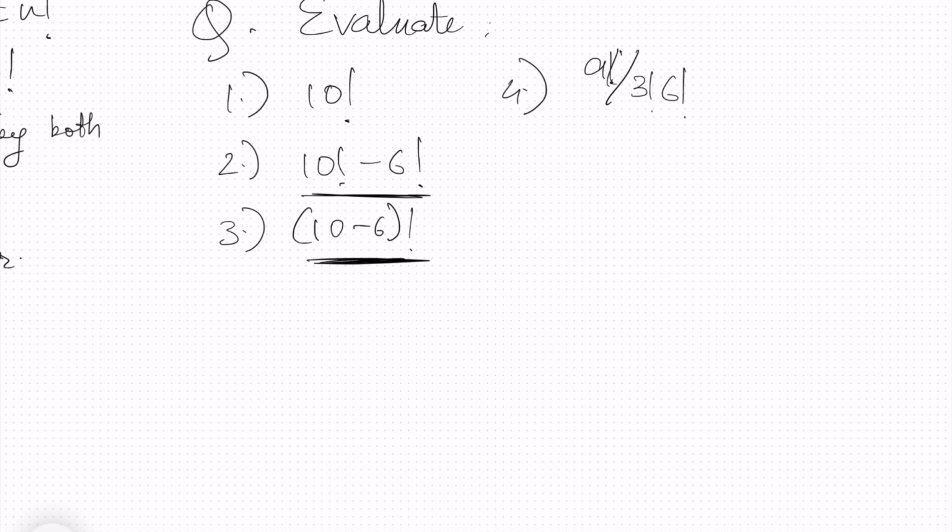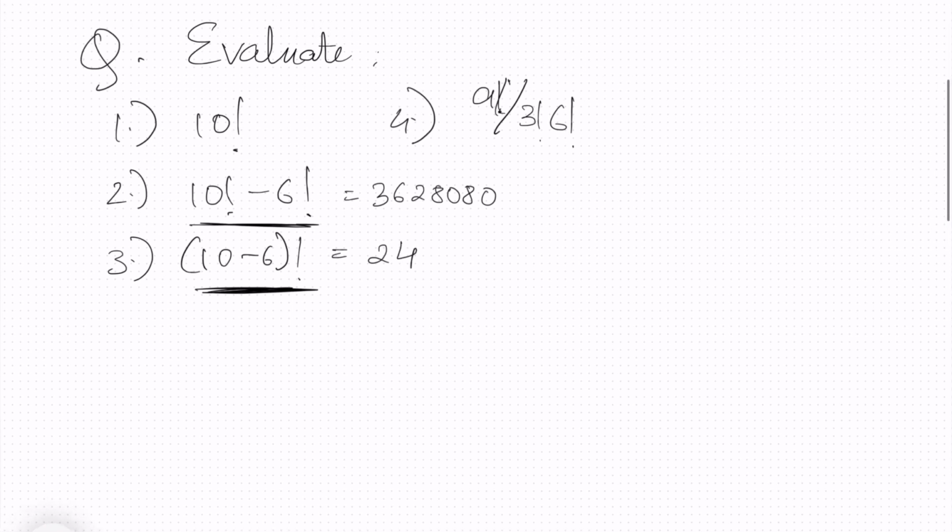So 10 factorial minus 6 factorial is 3628000. (10 minus 6) factorial is just 4 factorial, that's 24. And 9 factorial by 3 factorial 6 factorial, we can write this as 7 factorial, because I remember the value, 5040, into 8 into 9 by 6 into 720.